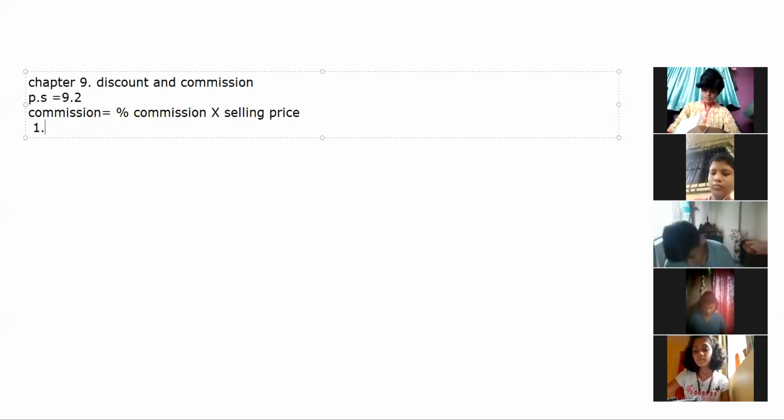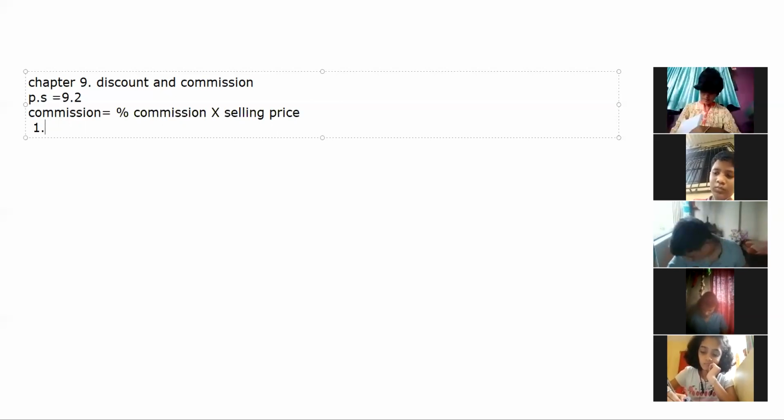Okay, 9.2. See, first example: John sold books worth rupees 4,500 for a publisher. For this, he received 15% commission. Complete the following activities to find the total commission John obtained. So, first of all, John had sold books for 4,500 rupees.